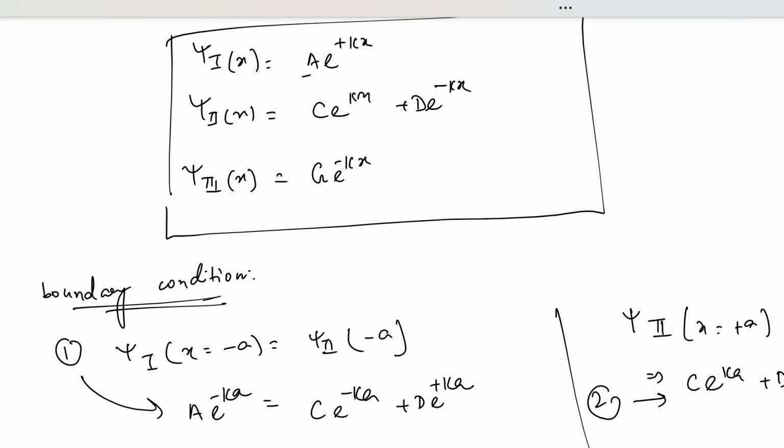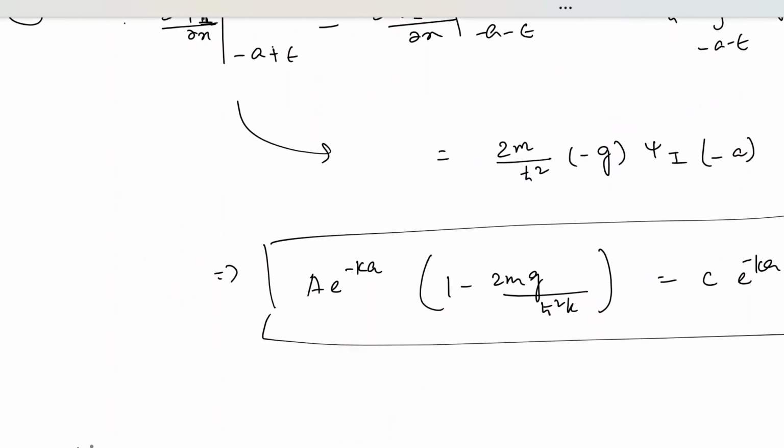Okay, and similarly for the last part, the boundary condition on the discontinuity of the derivative of the wave function at the Dirac delta potential at x equal to plus a: we will have del psi 3 del x at x equal to a plus epsilon minus del psi 2 del x at x equal to a minus epsilon equal to 2m by h cut square, integral from a minus epsilon to a plus epsilon, of minus g delta(x minus a) plus delta(x plus a), times psi(x) dx.